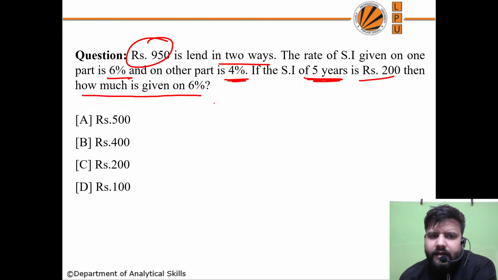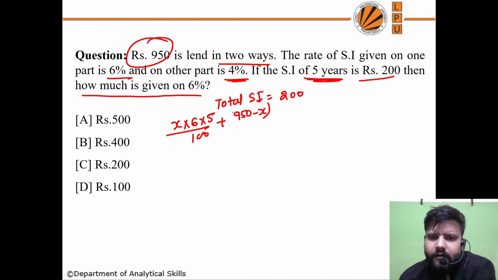It means total SI from both the schemes is 200. So let's say the first principal is X. You invested it at 6%, time period is 5 years, then divided by 100. For the second one, you will write 950 minus X, given at 4% rate of interest, so multiplied by 5 and divided by 100, and finally it is equal to 200.